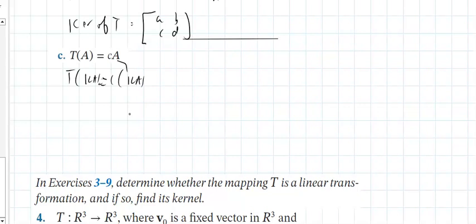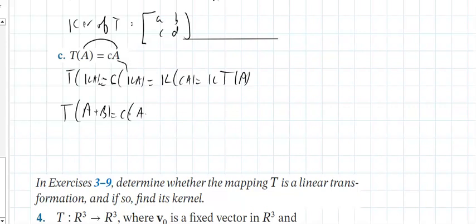Whatever it is, you multiply it by c, but I know from constants I could switch those, and isn't that key? k times T of A. And if I take the transformation applied on A plus B, that would be c times (A plus B). That would be cA plus cB, which is T of A plus T of B. Well, therefore, it holds. So T is a linear transformation.